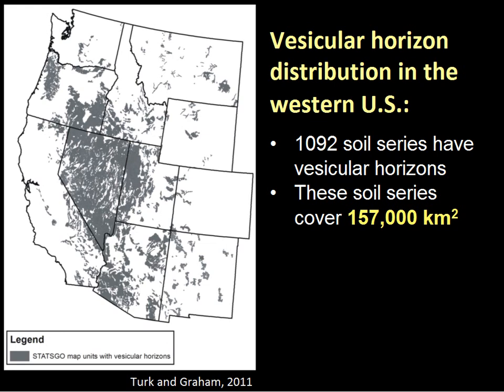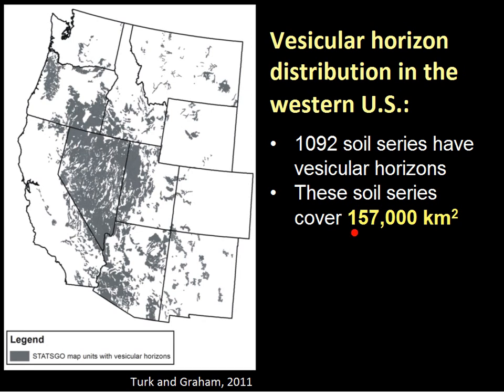In the U.S., I was able to use the NRCS databases to get an even better look at the distribution of vesicular horizons. The first thing I did was go through the official series descriptions and find all of the soil series that had vesicular horizons in them. There was a total of 1,092 soil series with vesicular horizons.